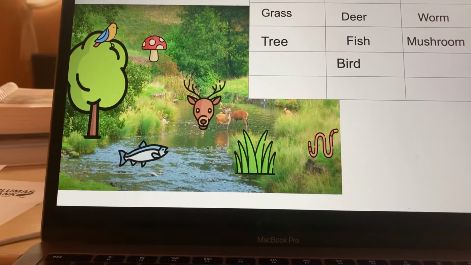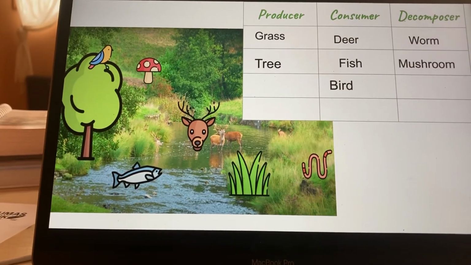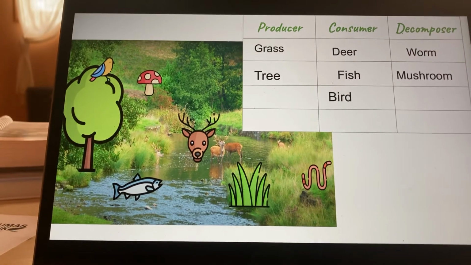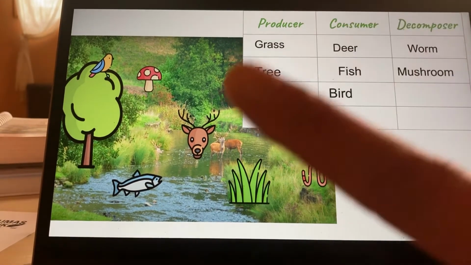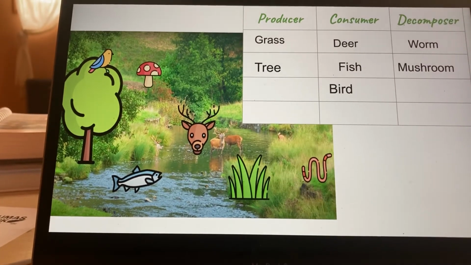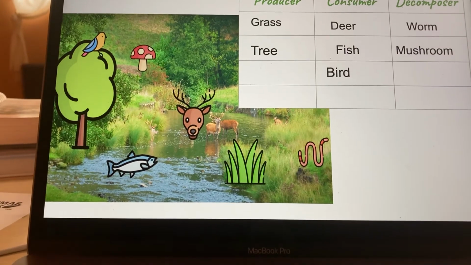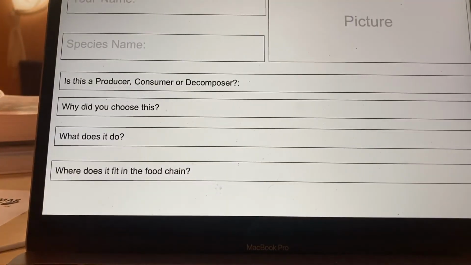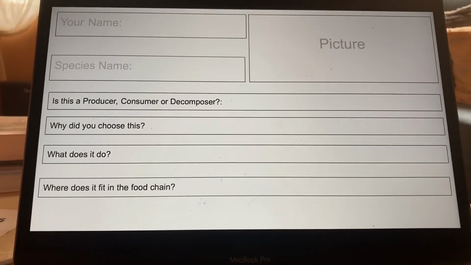Good job, everybody. Okay, so you can look at this list as examples of some of the things that you may like, but for the next assignment, we are going to choose one thing, whatever your favorite thing is, and we're going to dive a little bit deeper into that. So, each of you are shared on this template right here.